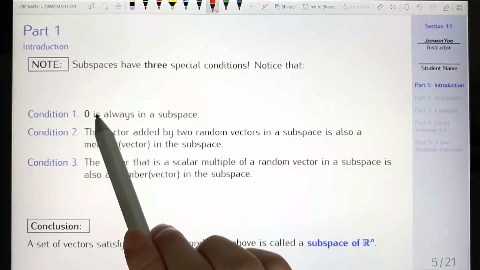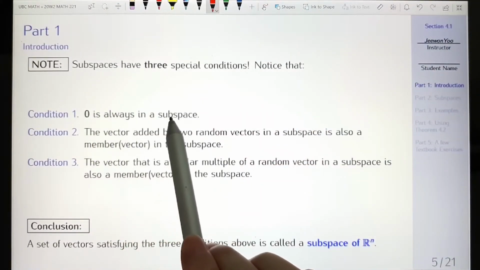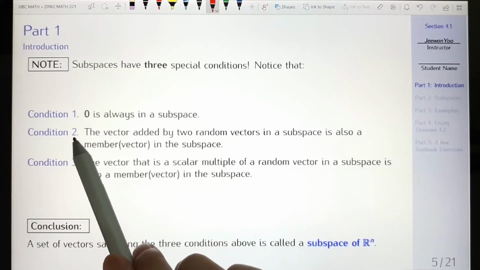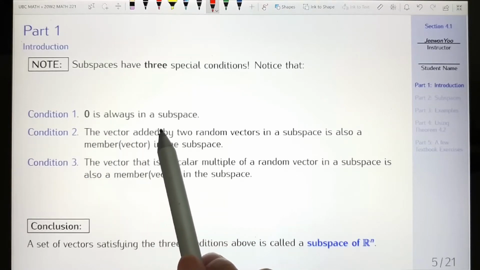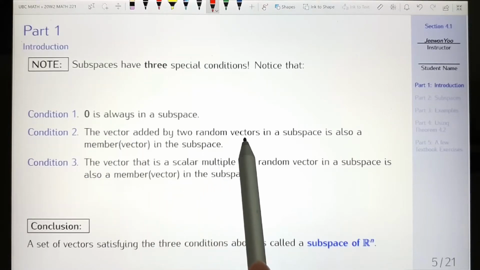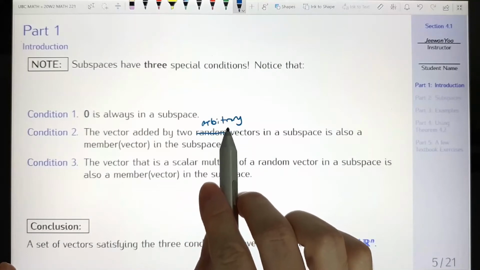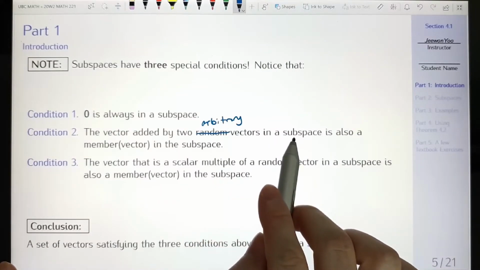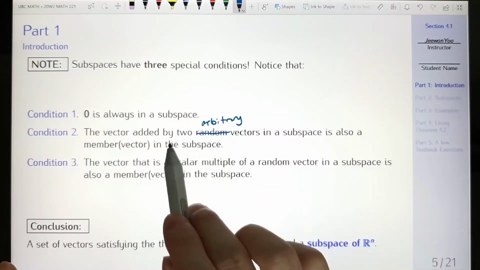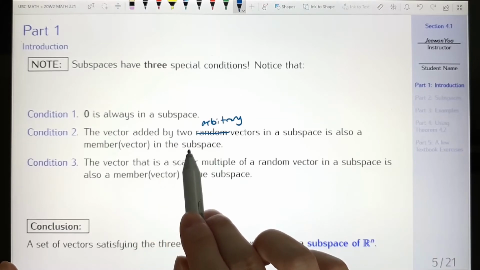Condition 1, 0 is always in a subspace. Condition 2, the vector added by two random vectors. When I say random vectors, mathematically, two arbitrary vectors in the space is also a member in the subspace. Do you know what this means?